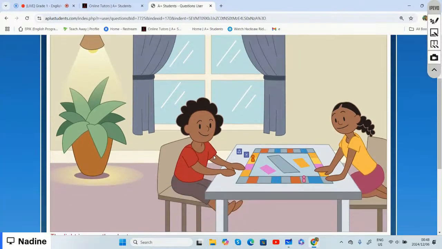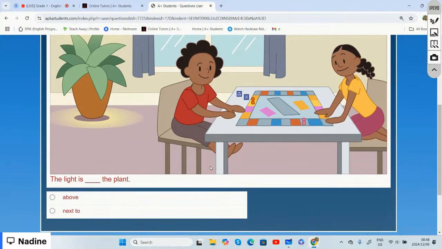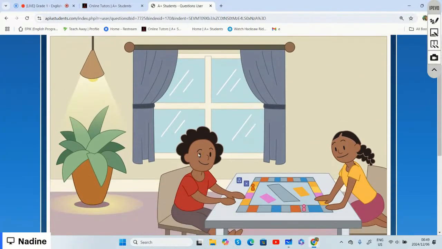And if we look at the pictures, then it says the light is above the plants, or do we say the light is next to the plants?